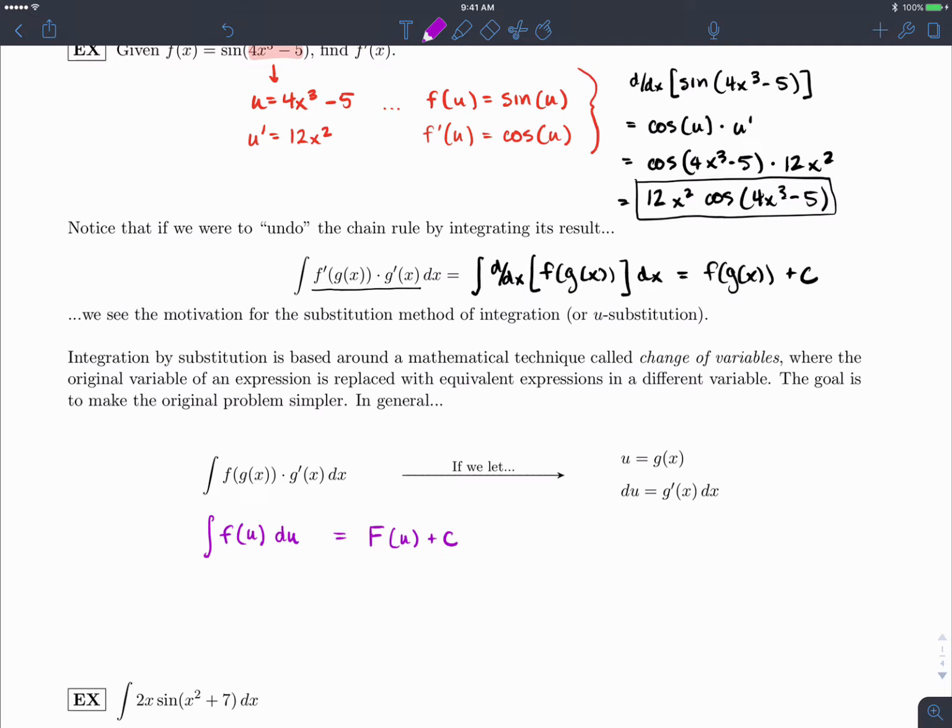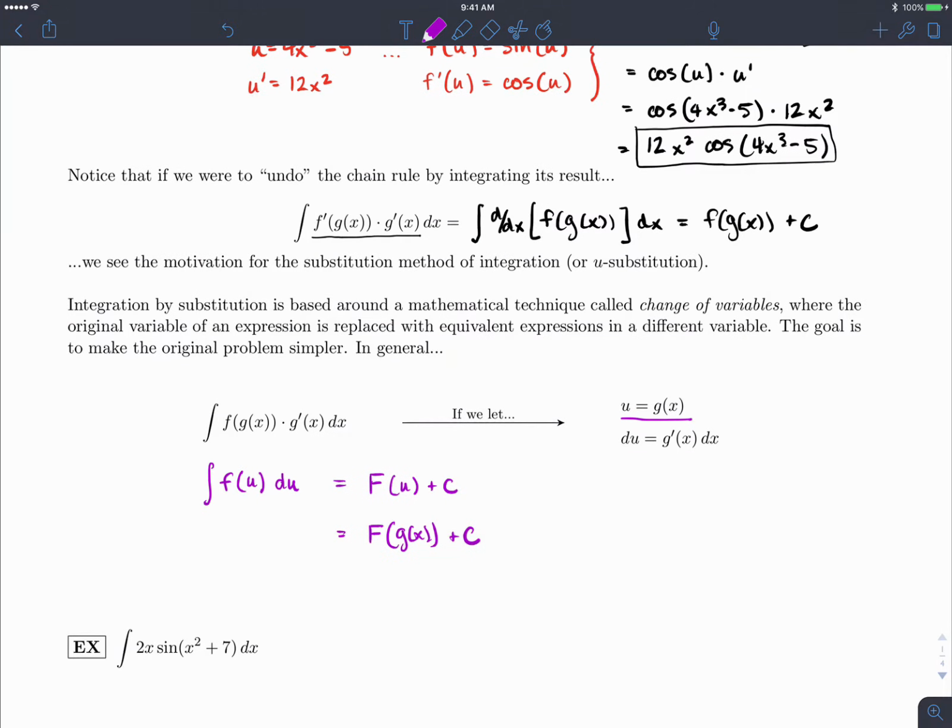Now we originally had a function of x, and we'd like this to go back to a function of x. So let's replace that u with g of x, and now we've got the antiderivative of f evaluated at g of x plus c. So now we've got to where we need to be.